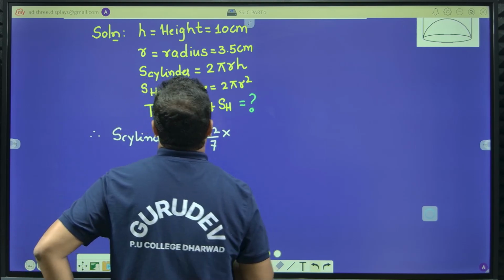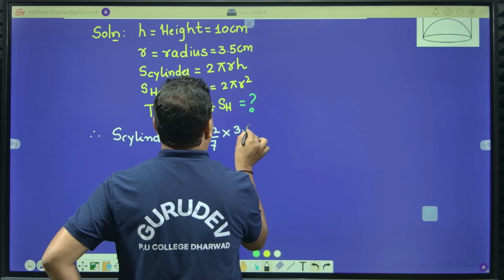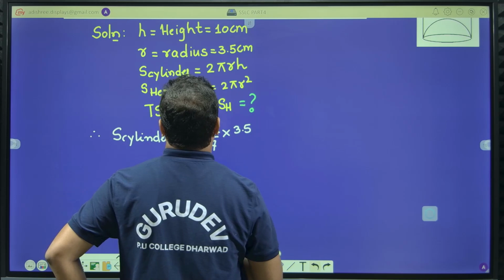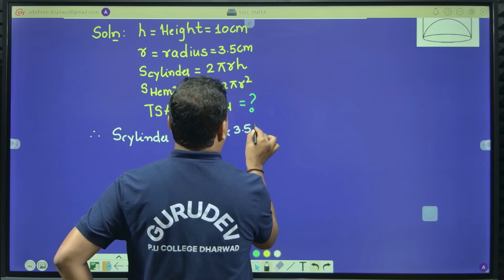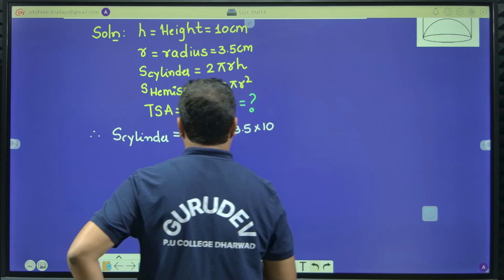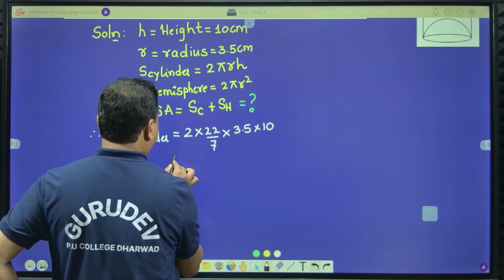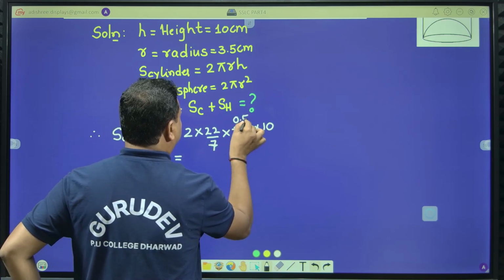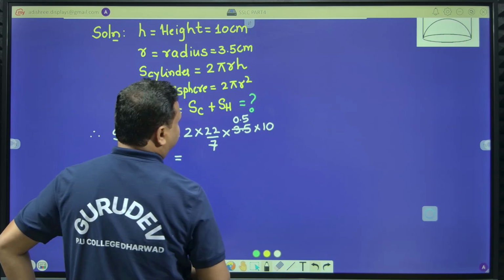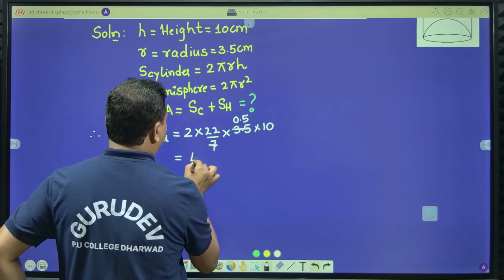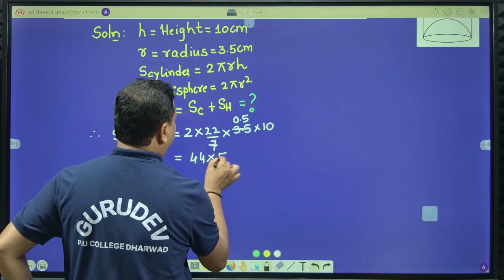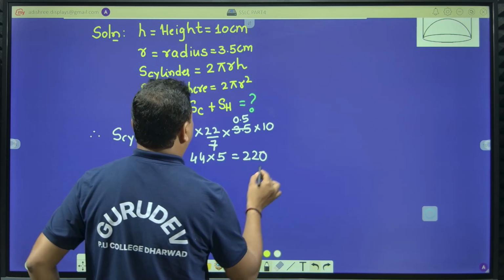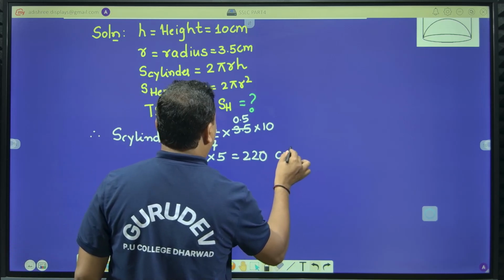What is the radius here? 3.5. And the height of the cylinder is 10 centimeter. So, what we will get? 7 on the 7, 0.5. 0.5 times 10 is 5. So, 2 into 22 is 44. 44 into 5 will become 220 centimeter square.